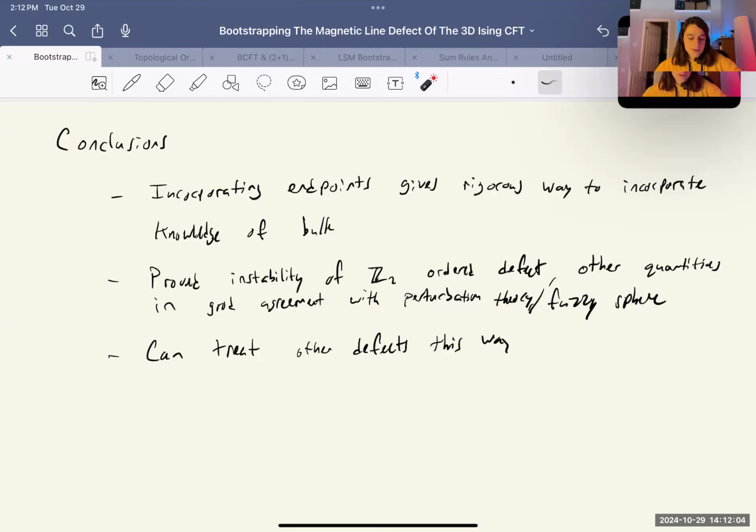And what I think I've shown here is that when you have endable line defects, they can be treated on the same footing as local operators. So it seems hopeful to think that if you extend this program to these kinds of cases, some more progress could be made, even maybe on trying to understand the bulk itself. So I'll just leave it there, and if people want to keep chatting or something, that's cool.